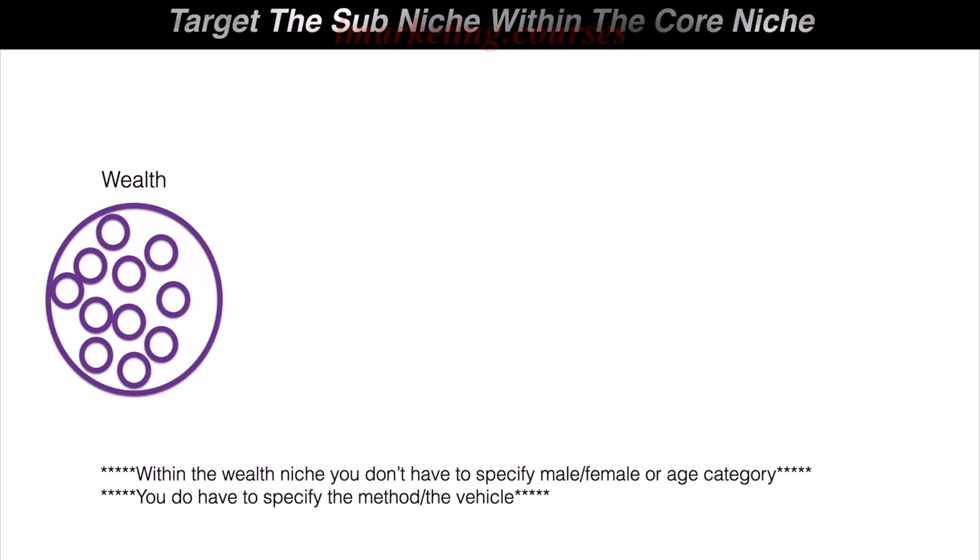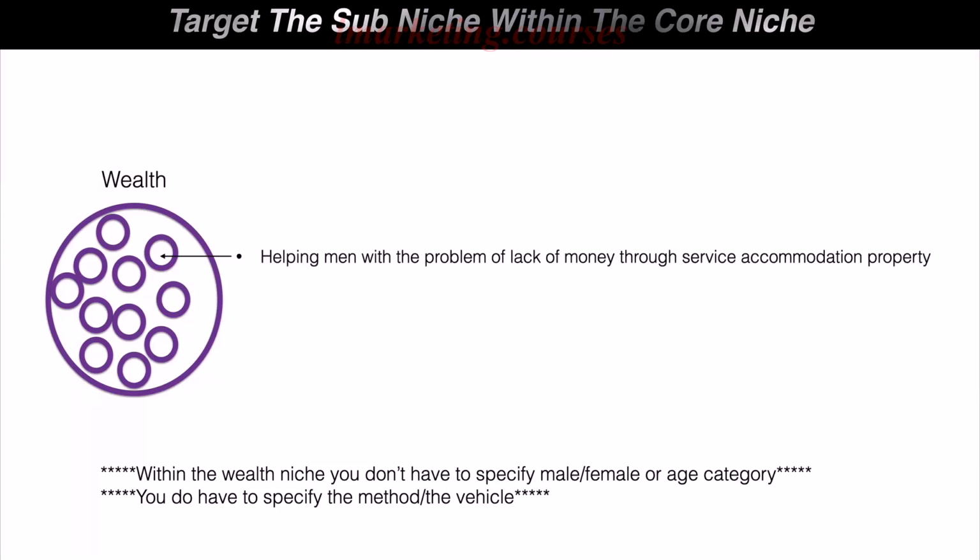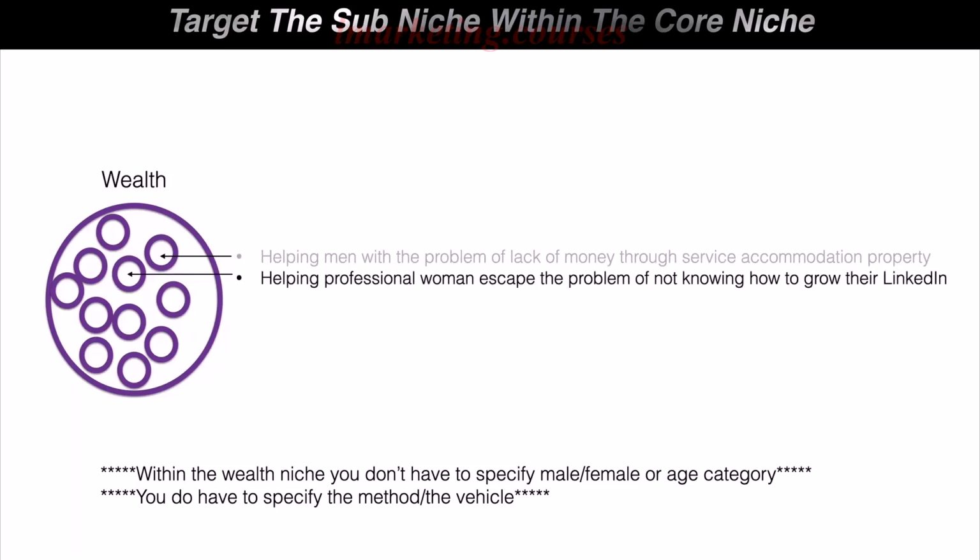Okay. So within wealth niche, you don't have to specify male or female or age category. You do have to specify the method and the vehicle though. So for example, helping men with the problem of lack of money through serviced accommodation property. It's very specific, okay? Helping professional women escape the problem of not knowing how to grow their LinkedIn.